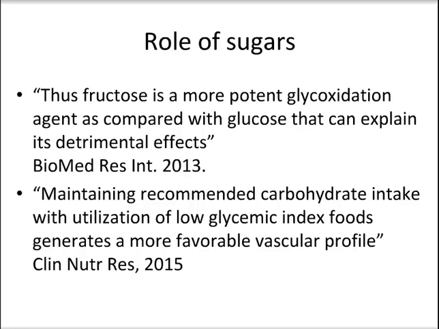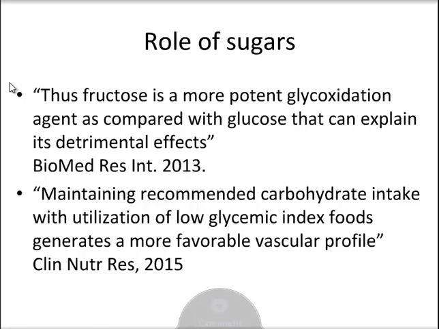Processed foods, which contain added sucrose or high fructose corn syrup, are by far the worst actors. Just cutting those out, if you remember nothing else, just cutting out added sugar really reduces your glycation load tremendously.